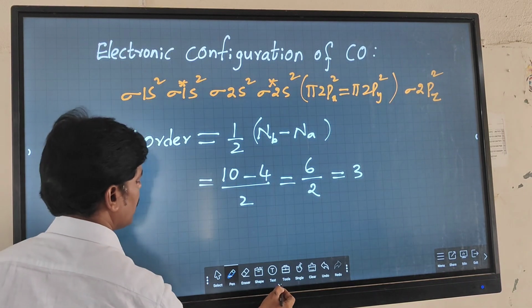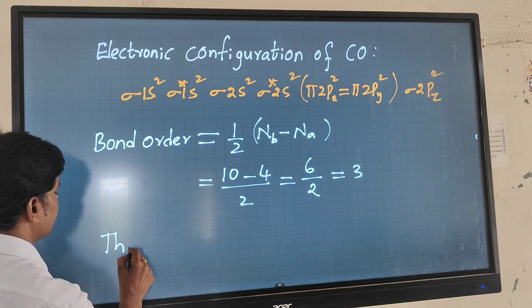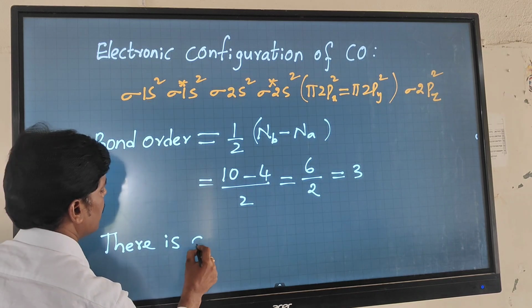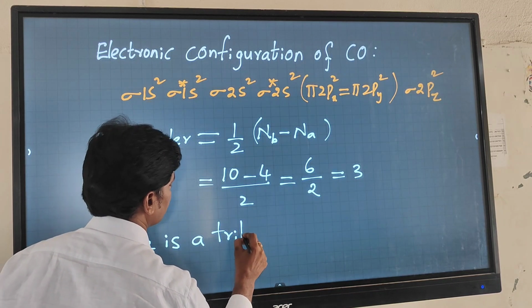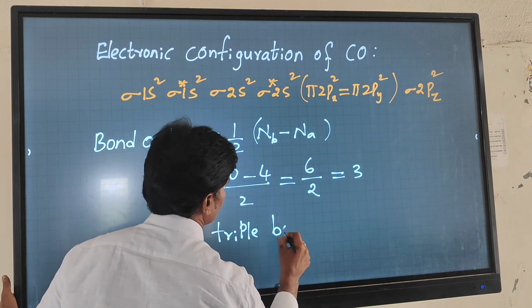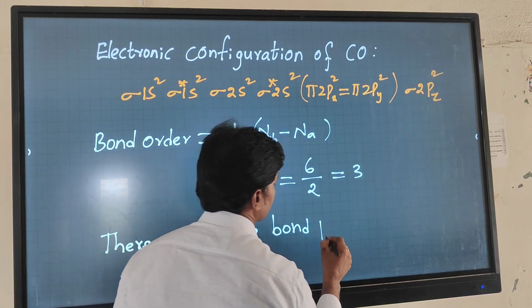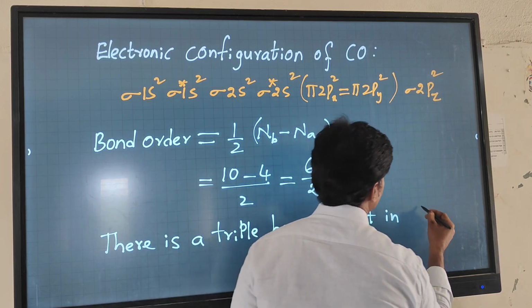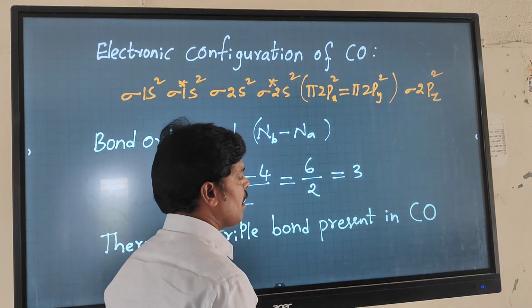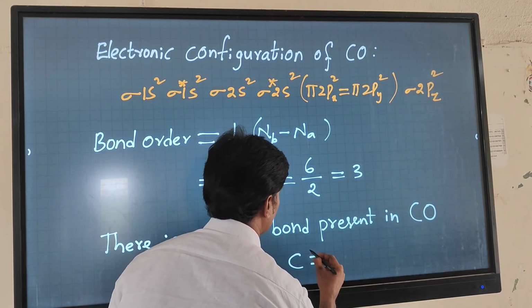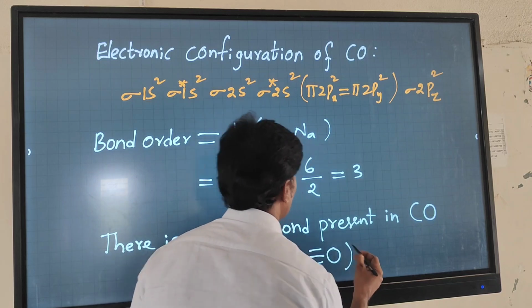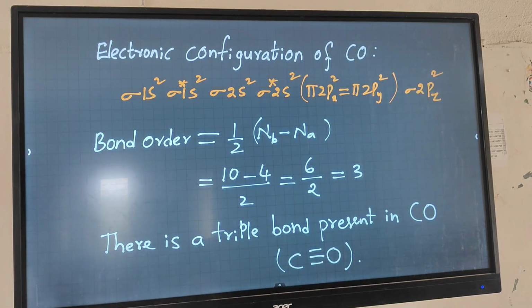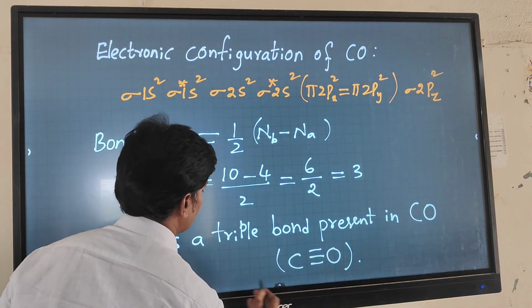So there is a triple bond present in CO. CO means carbon monoxide. How can you denote that triple bond? C triple bond O. Bond order means the number of bonds present in a molecule.